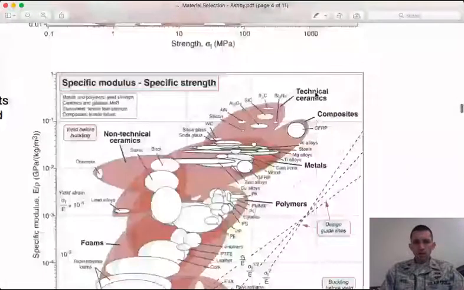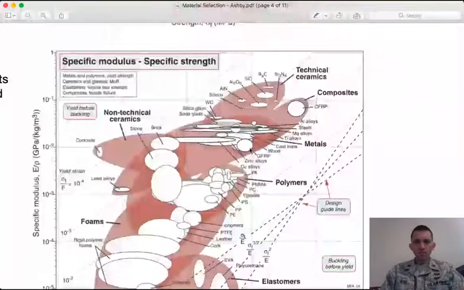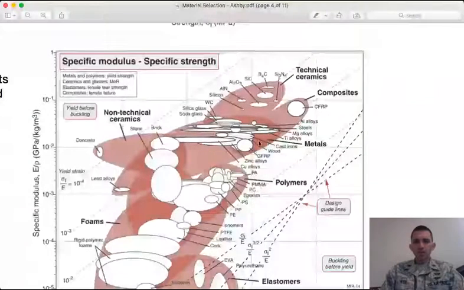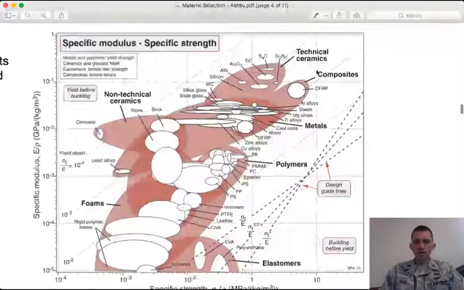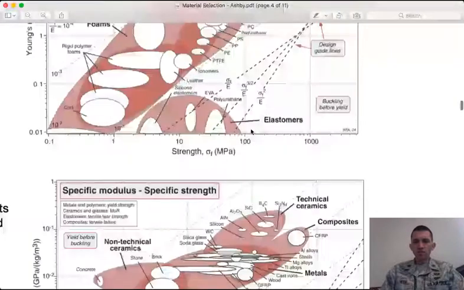If you look at it on a specific basis, you get an inversion here where your metals get bumped down because of their high density. And certain types of composites get a bump up. Heavier ones, not so much.